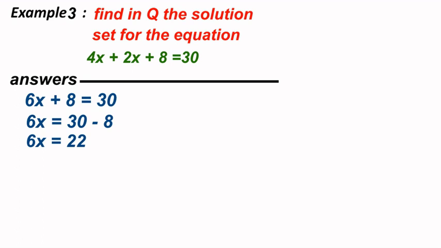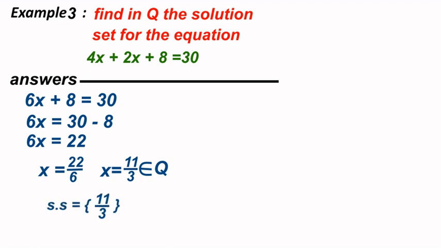Move 6 to the other side by division. x equals 22 over 6, and simplify it. x equals 11 over 3, and 11 over 3 is a rational number, so the solution set will be 11 over 3.